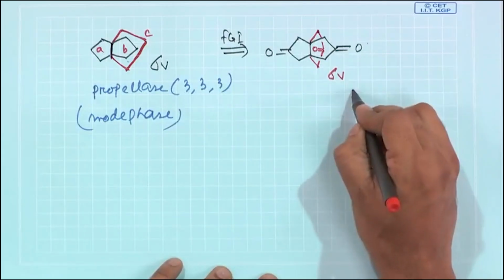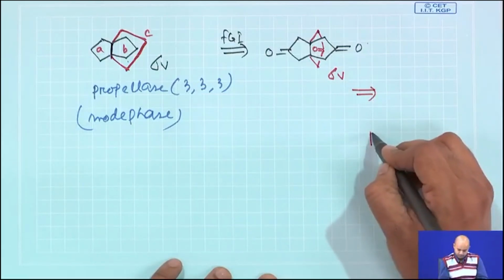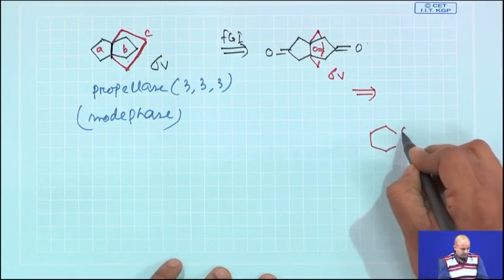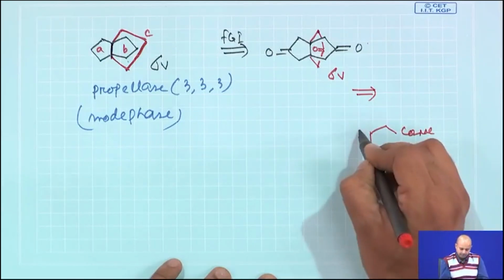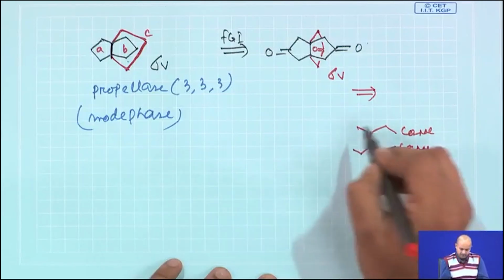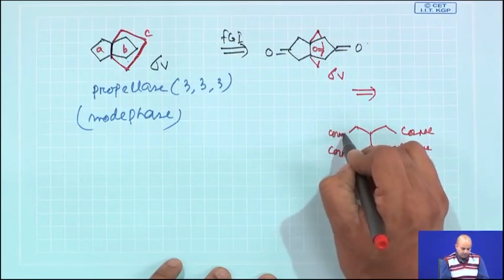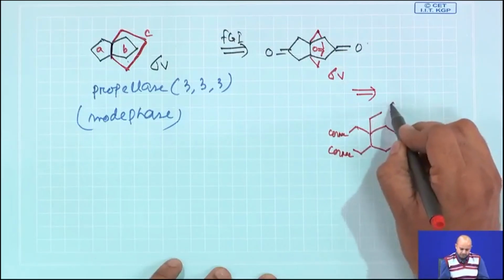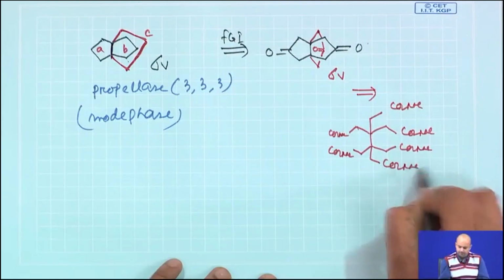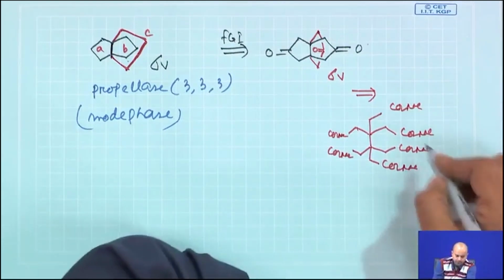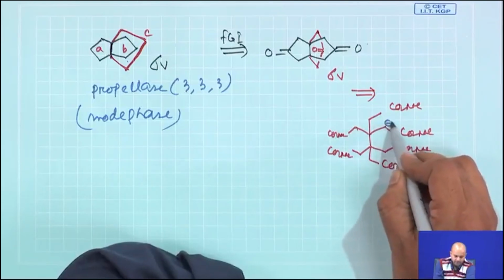Now, your disconnection was a bit interesting because now what we do is put a linear or acyclic structure and we propose that 3 rounds of Dieckmann cyclization take place. 1 round of Dieckmann means this minus with this.